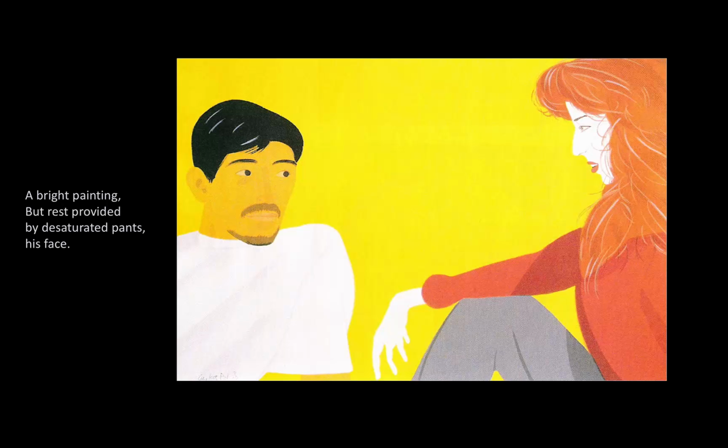Even in this painting, there's an overall bright feeling, but the pants and the faces provide small rests in the intensity. And in fact, they make the bright colors feel even brighter. So if you love bright colors, you may want to embrace dull ones just to provide contrast and to also amplify the saturated colors.